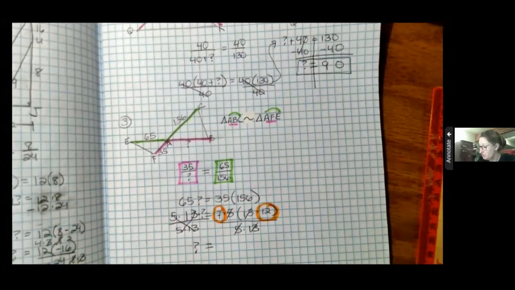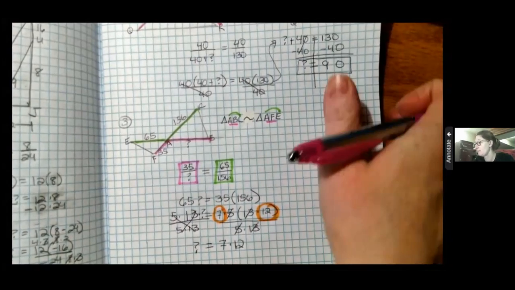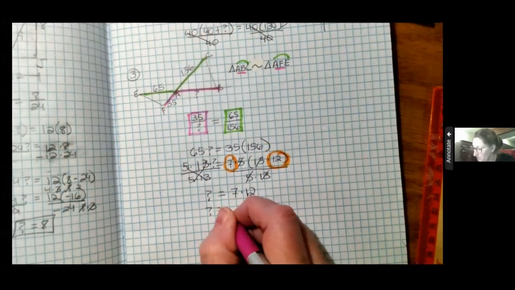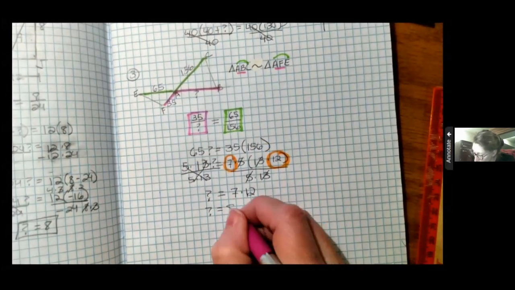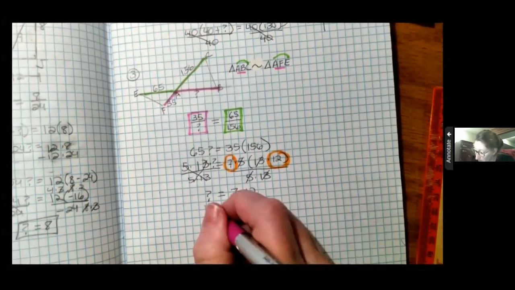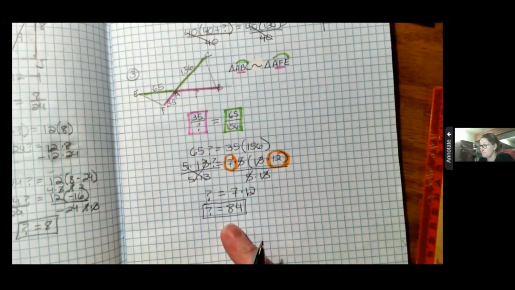So if it helps you to bring them down and write it again, what is 7 times 12? Well, 7 times 12 is 84. And Mr. Rivas gave you a wonderful multiplication chart if you don't remember your 12s. And that's your missing side. Does that kind of help?